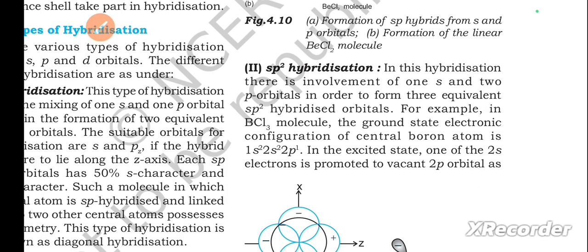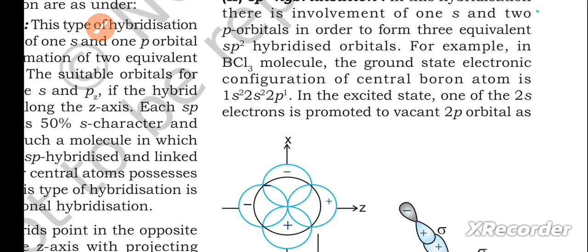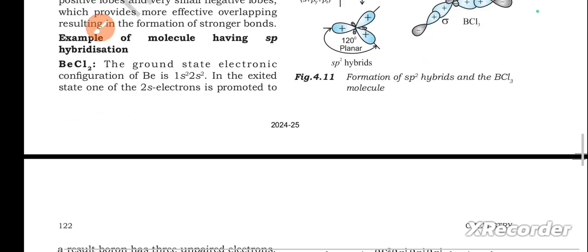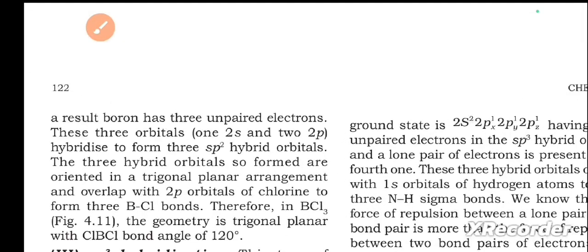Next is sp2 hybridization. In this hybridization, there is involvement of one s and two p orbitals in order to form three equivalent sp2 hybridized orbitals. For example, in BCl3 molecule, the ground state electronic configuration of central boron atom is 1s2, 2s2, 2p1. In the excited state, one of the 2s electrons is promoted to vacant 2p orbital. As a result, boron has 3 unpaired electrons.